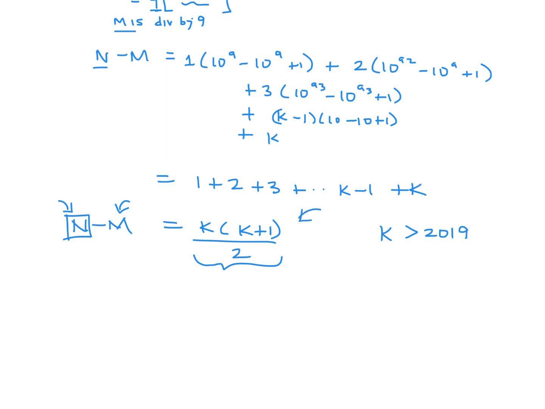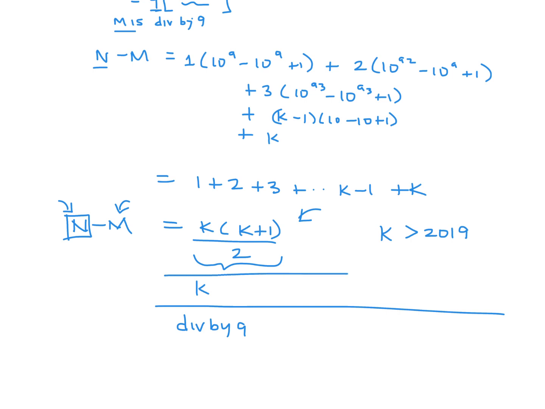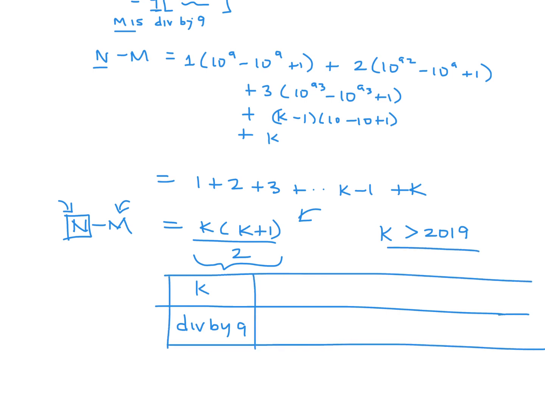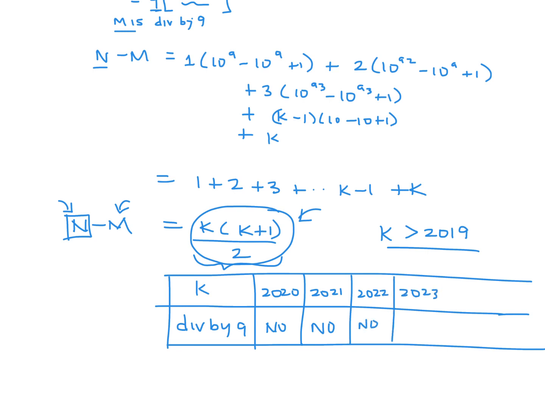So let's make a little table here: k, is it divisible by 9, yes or no? Let's see for values greater than 2019. So we've got 2020. If we plug that in here, you'll see it's not divisible by 9. I'll let you do that. 2021, no. 2022, no. 2023, no. And 2024, the answer is yes.